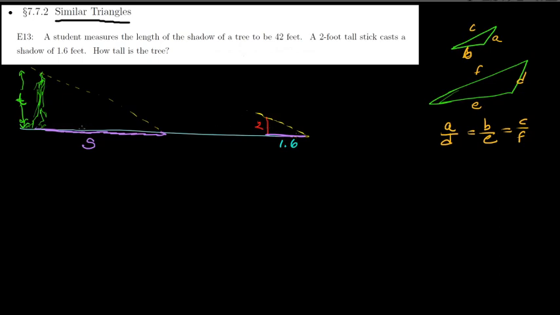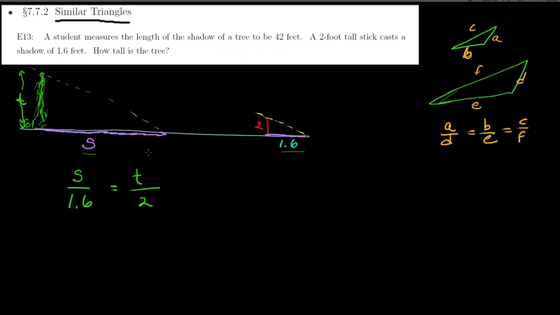The idea is that the ratio of the shadows should be the same. So the equation is: S over 1.6, and the corresponding height of the tree is T, and the corresponding height of the stick is 2.